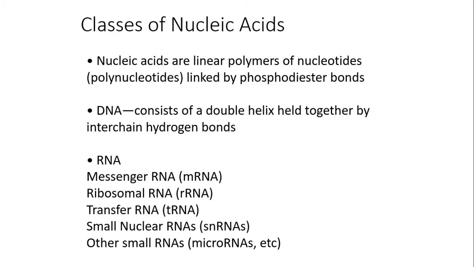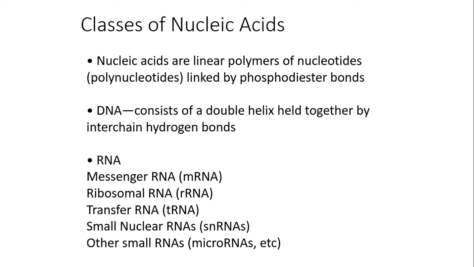And then in RNA, which is single-stranded, we have 5 classes of molecules: messenger RNA or mRNA, and this is the RNA that corresponds to a protein coding gene and makes its way to the ribosome. We'll discuss that at the end of the semester.